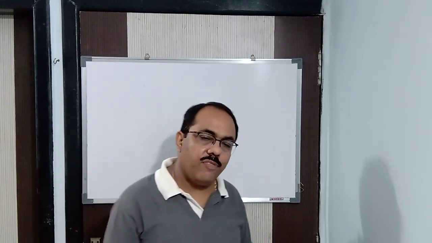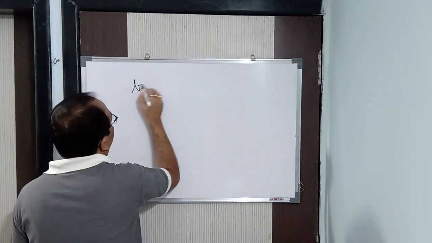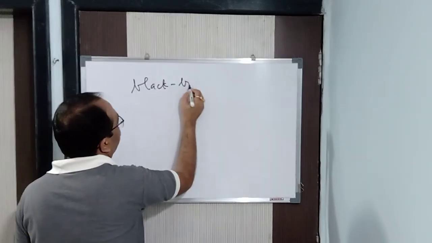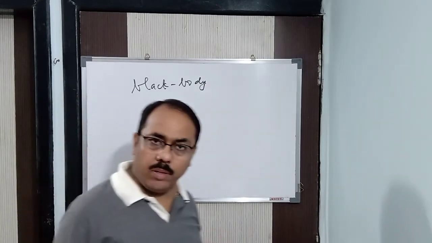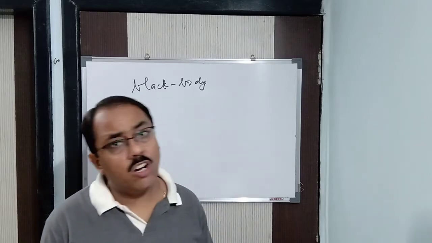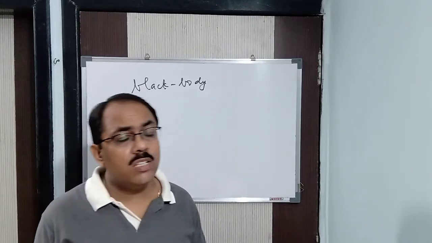Now, first I said that it could not explain black body radiation. Black body radiation does not mean that the body is black. No, it's not necessary. It may or may not be. It might also be black, but it's not necessary that the body should be black for it to be called black body radiation. So what is black body radiation?